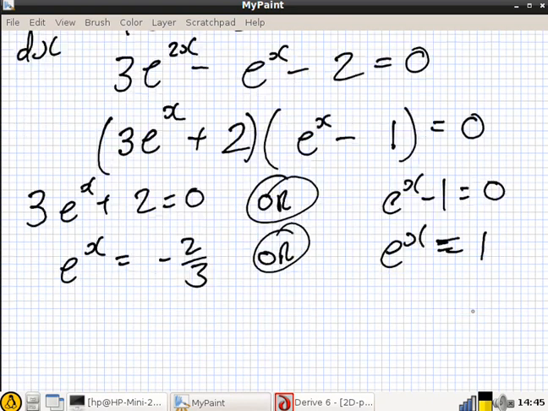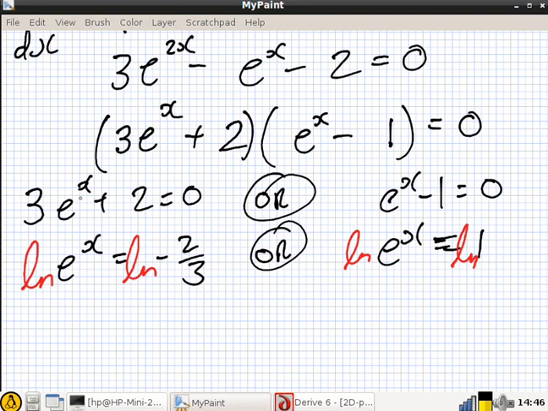Now the way we cancel an e is by using log. So here we put log on both sides. But now you see there's a problem straight away. You can't have log of a negative number. In fact, e^x can not be negative, so you can never have this as 0. So this answer you reject. The second answer you get x equals 0.